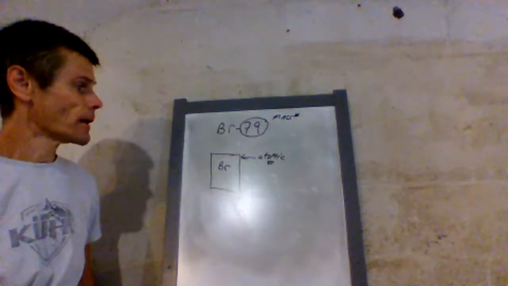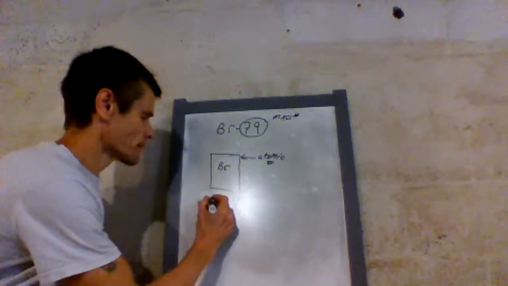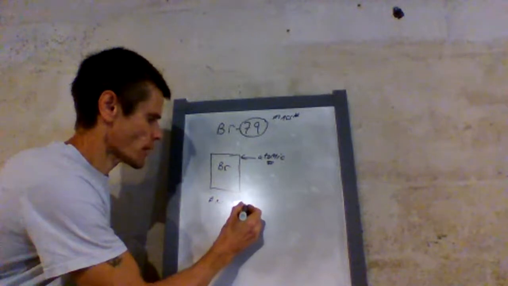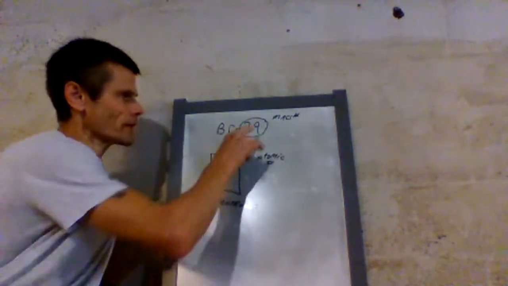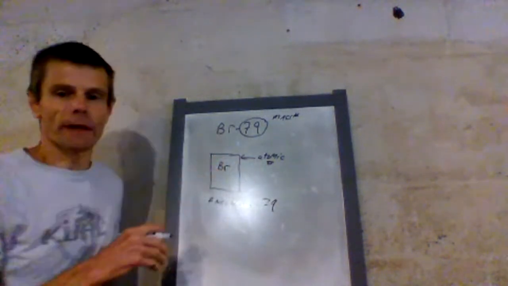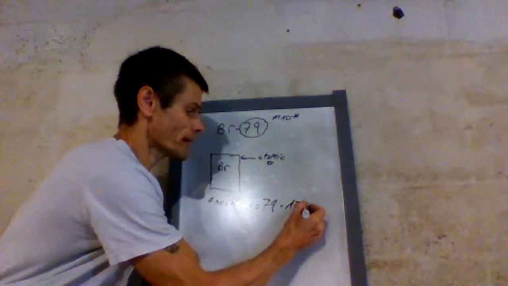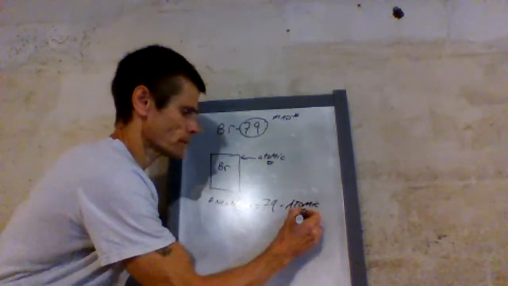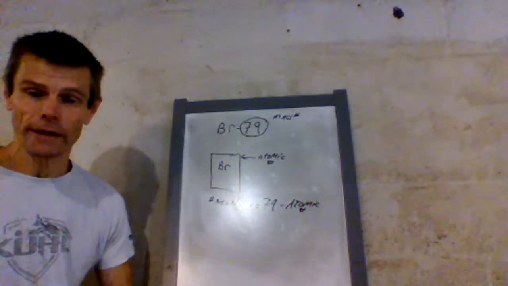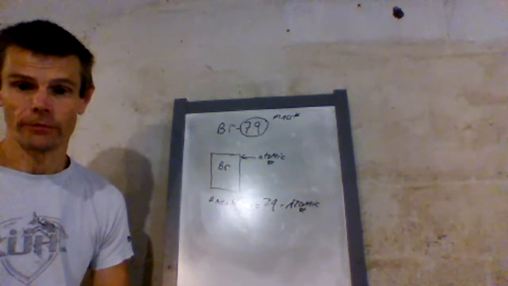So if you were asked how many neutrons are in bromine 79, the number of neutrons is going to equal the mass number, 79, minus the atomic number that you would find on the periodic table. And as an exercise, I want you to find out the number of neutrons in bromine 79, and we'll go over that as a review for our next lecture video.